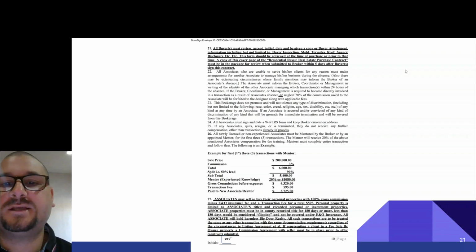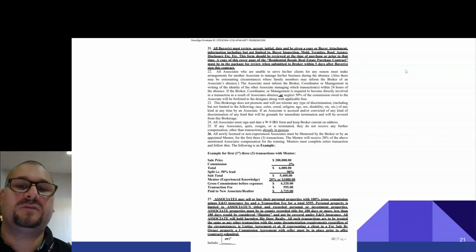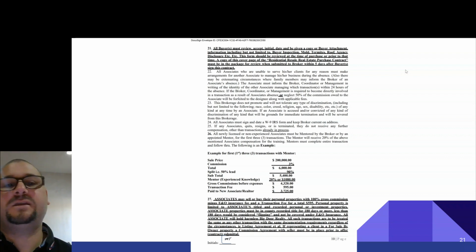If an associate is accused and/or convicted of any kind of discrimination, that will be grounds for immediate termination and will be severed from this brokerage. So if you're accused of and then convicted of it, then the brokerage will sever their license with you.